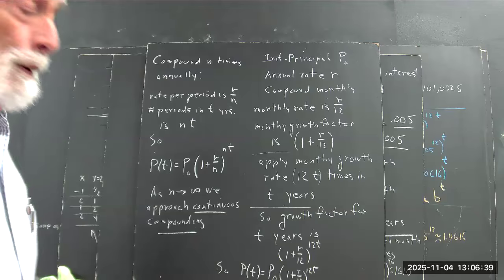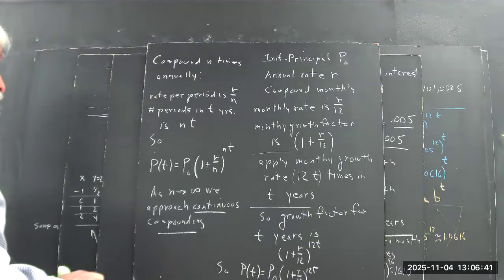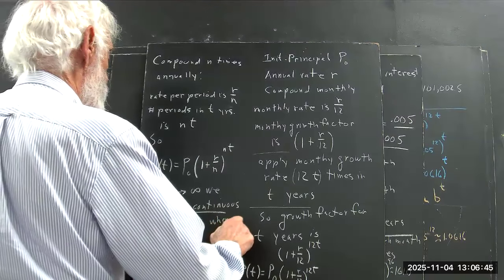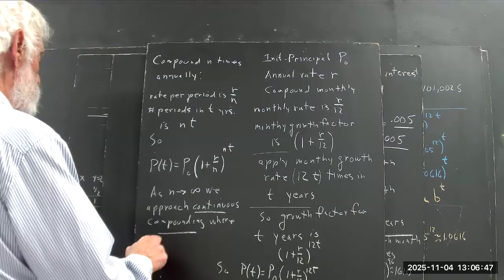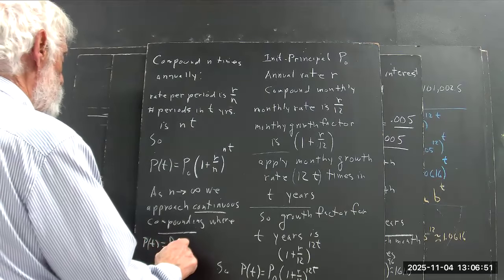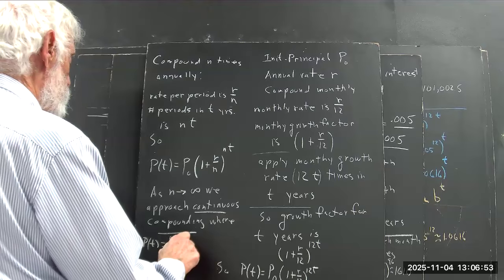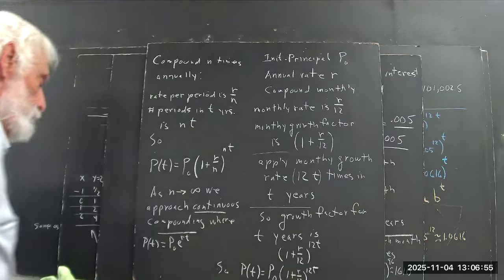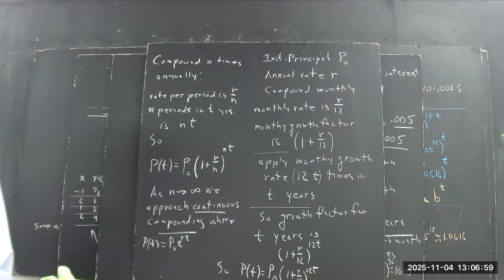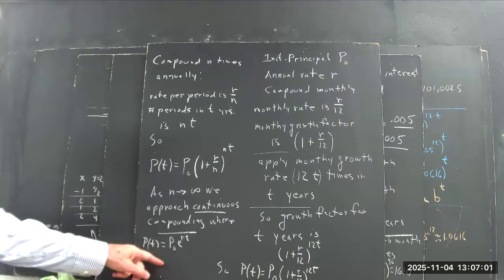okay, we approach continuous compounding where P of t equals P naught e to the RT, which is much simpler than this.